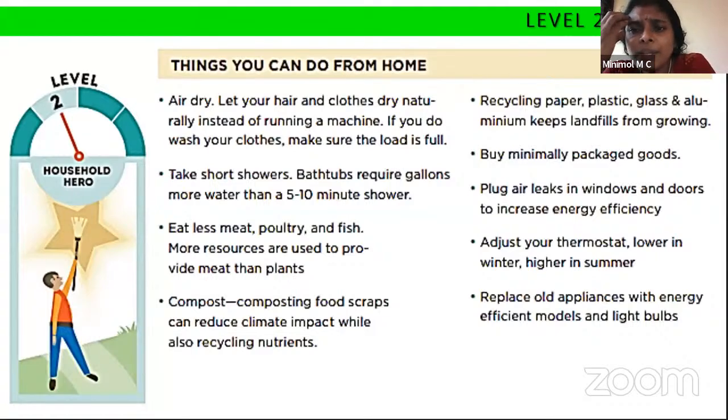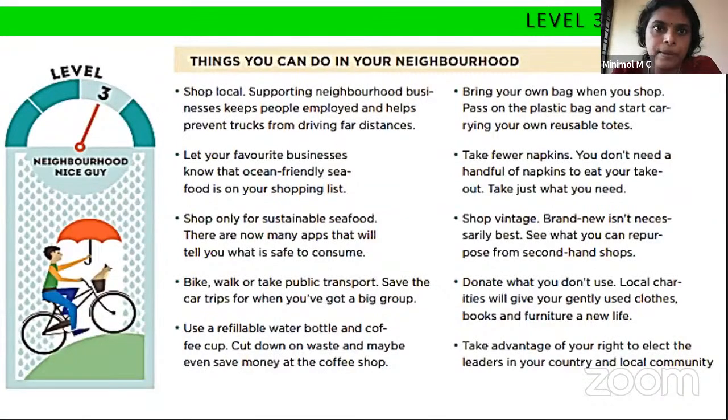Make sure that you are buying minimally packaged goods. Plug air leaks in windows and doors to increase energy efficiency. Adjust your thermostat. Lower in winter and higher in summer. And at your home, replace old appliances with energy efficient models and light bulbs so that you can save on energy.